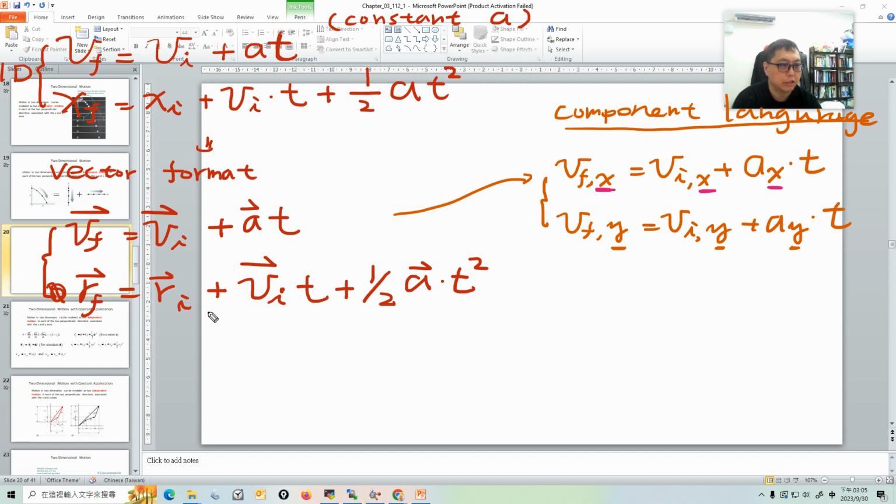For this one, another equation of motion I like, let's only show two dimensions, x and y.